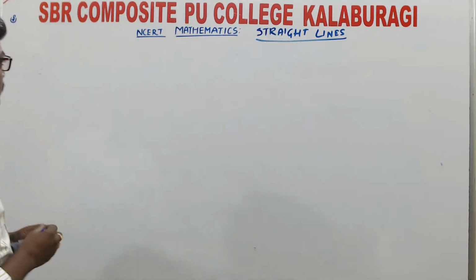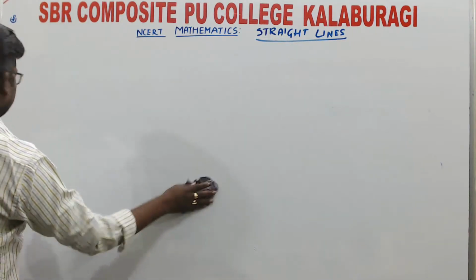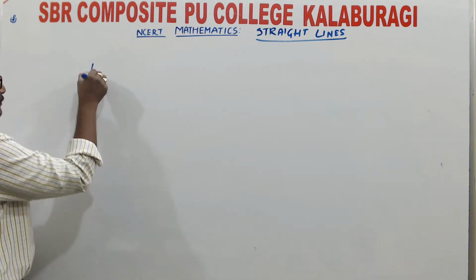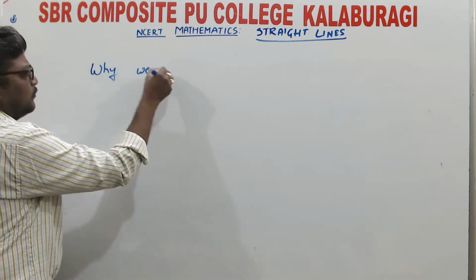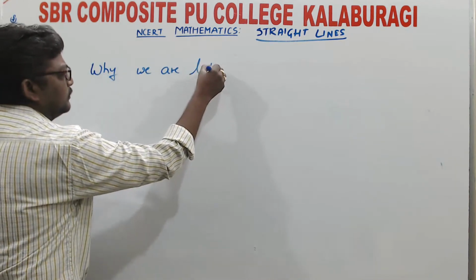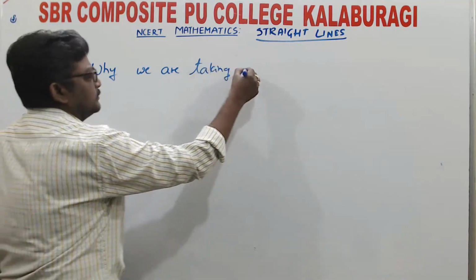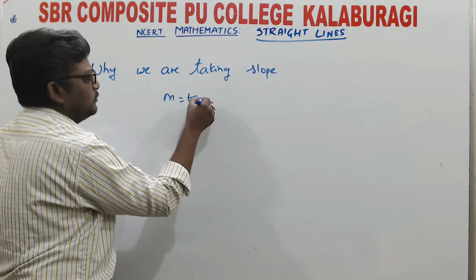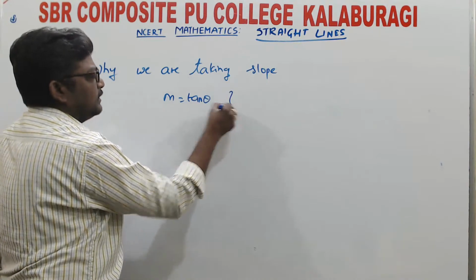What is our discussion? Why are we taking slope m equals tan theta?